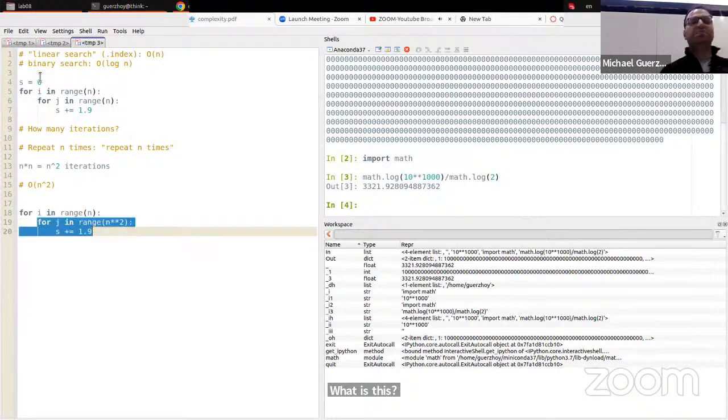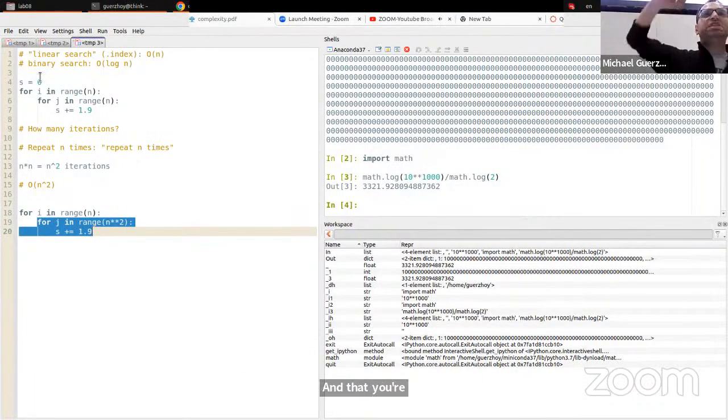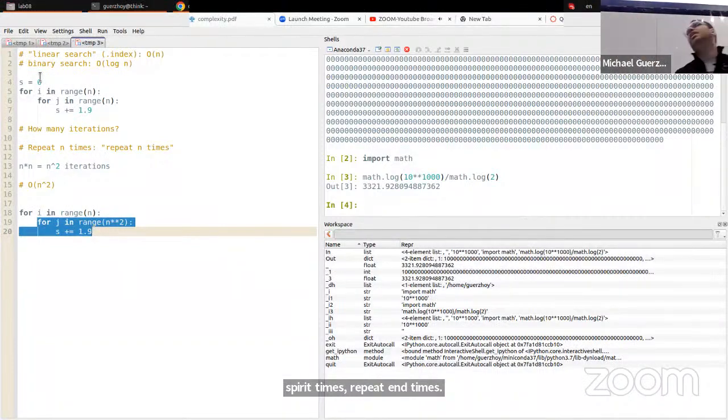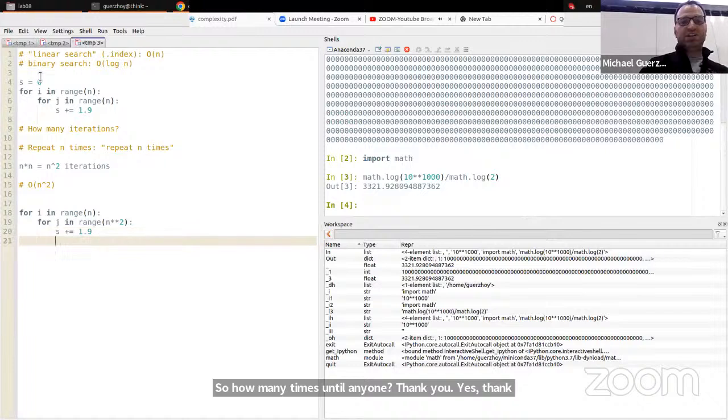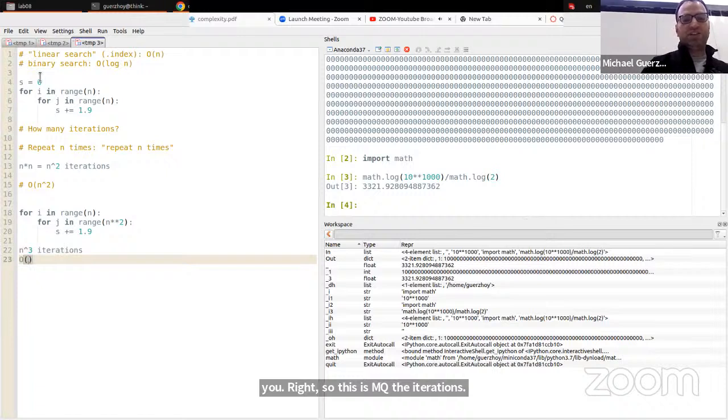Here I'm saying repeat this thing n squared times, and then whatever you're repeating n squared times, repeat n times. So how many times in total? Anyone? N cubed. Yes, thank you. So this is n cubed iterations, so this is O of n cubed.